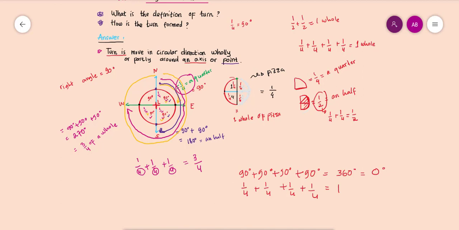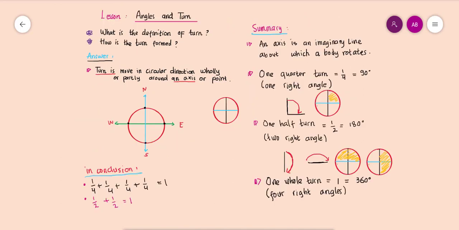Okay, kids, let's continue. Okay, kids, this is for today's summary. An axis is an imaginary line about which a body rotates. And a 1/4 turn is equal to 1 over 4, which is also equal to 90 degrees or 1 right angle.